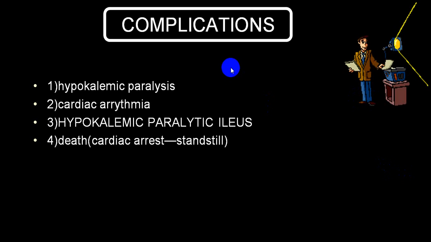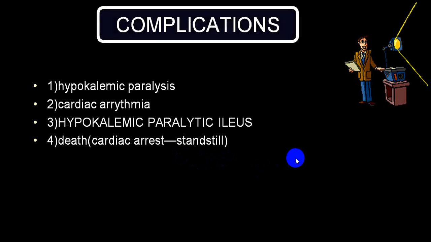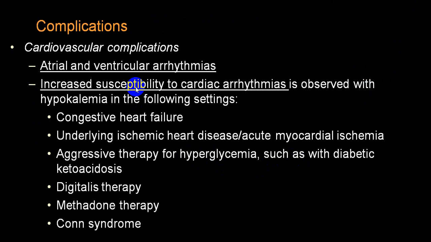As far as complications are concerned, a person can develop hypokalemic paralysis, cardiac arrhythmias, hypokalemic periodic paralysis, and can die of cardiac arrest. Also don't forget the complications of overtreatment and rapid treatment, particularly when it is IV. Among cardiovascular complications, the most common are atrial flutter, fibrillation, ventricular tachycardia and ventricular fibrillation.